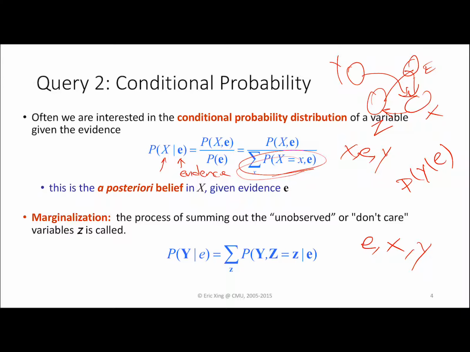You want to remove the effect of the rest of them that you haven't observed. But what I want you to take out of this is that in all of this, whether you want to compute the posterior or marginalize some of the variables out, you have this form of summing over, or if your variables are continuous, integrating some subset of variables, and if you do that in the naive way, it can be very expensive.